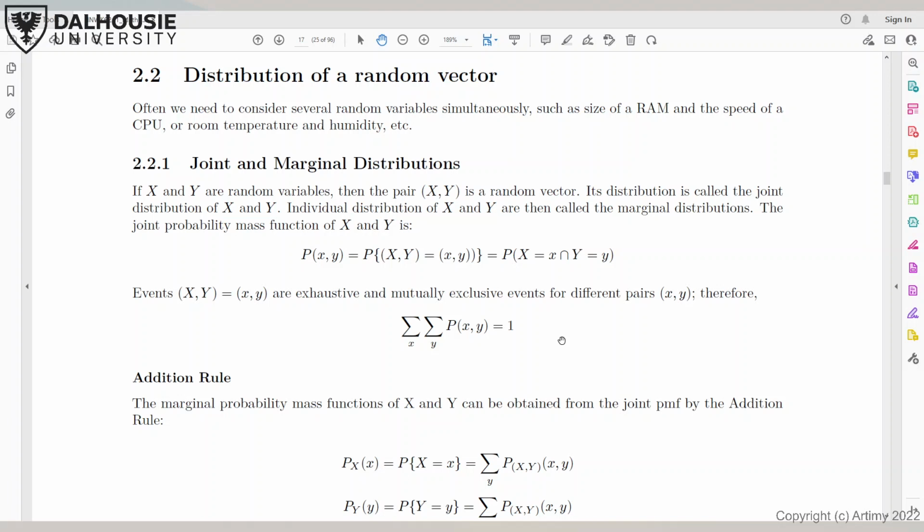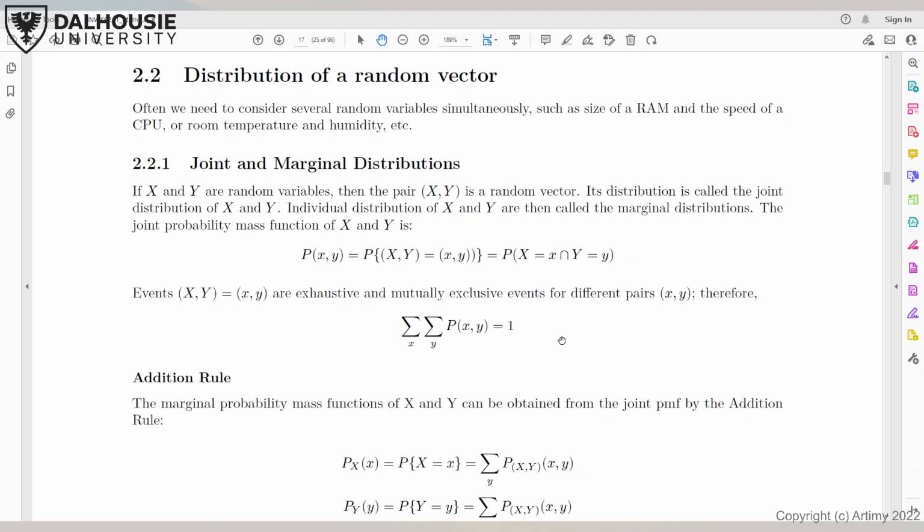If you are measuring or talking about the performance of computers, they have a CPU, RAM, and a hard drive, right? If I look at a computer at any specific time, I could represent the CPU speed as a random variable.